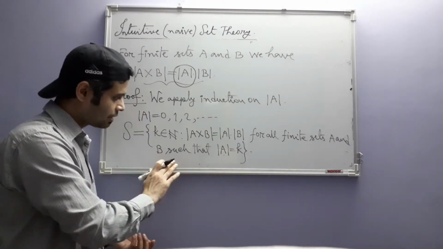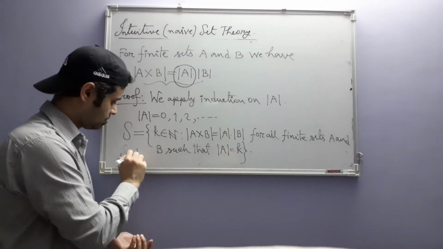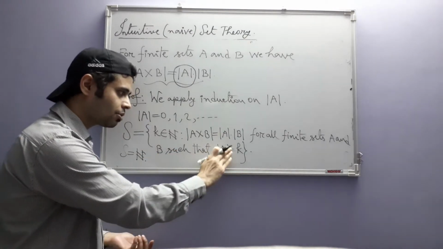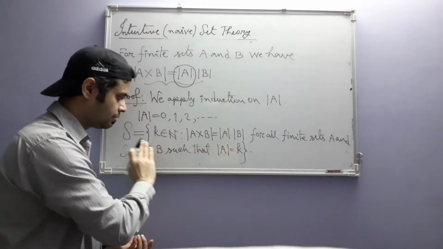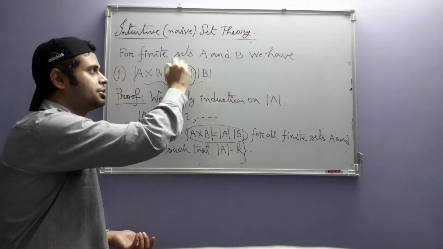So what we want to prove here is that S is equal to N, which means that for all values of cardinality k, this is true. And that actually proves this one.